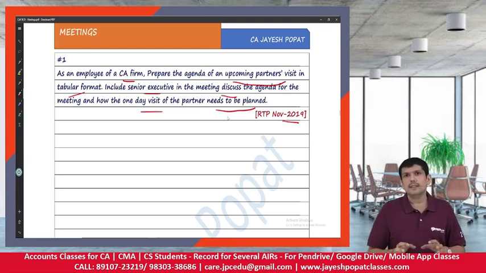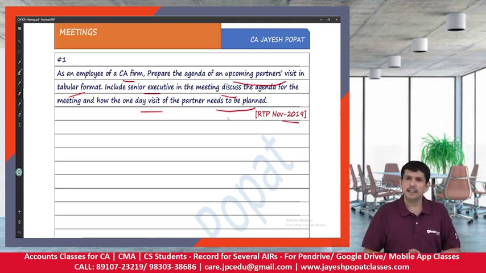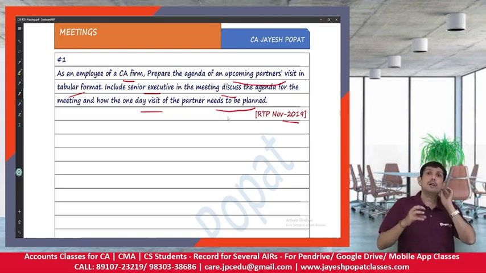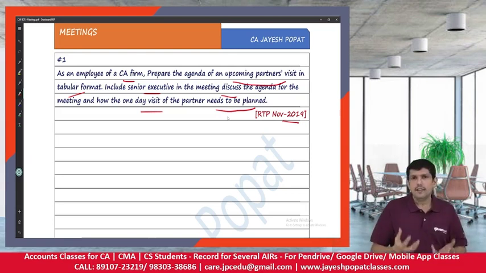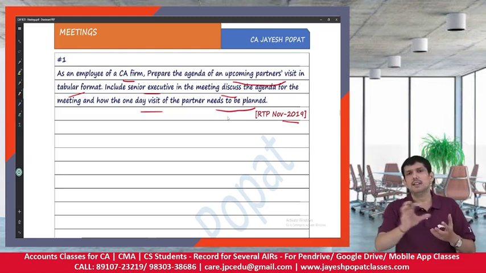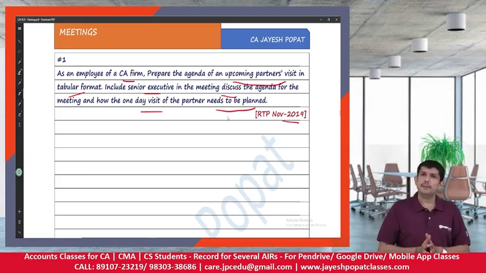It could be about, let's say, rearranging various departments in the office, right? And then the partner would generally want to talk with everybody and get to know them. Maybe there could be an open house, right, where they want to talk about various points which are concerning various people in the office, right? So these types of matters will be discussed here.